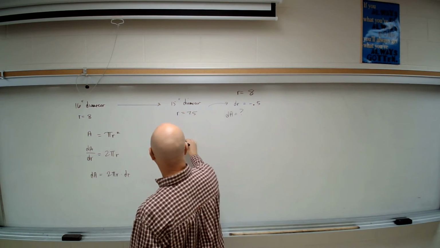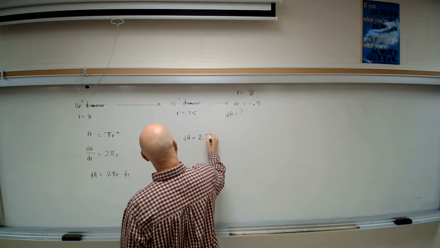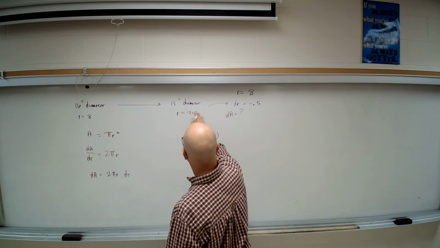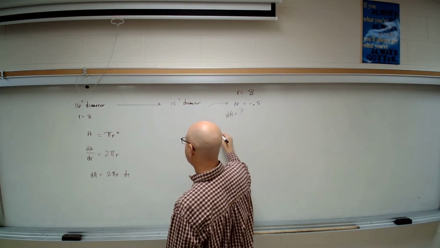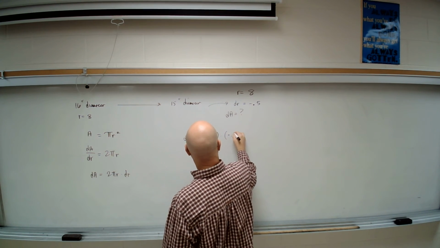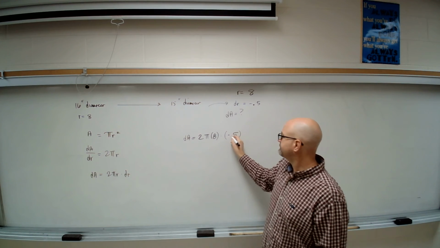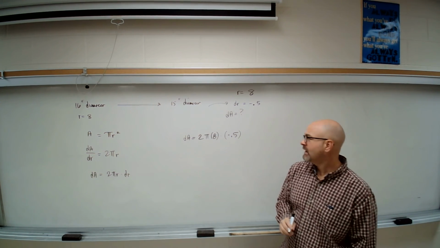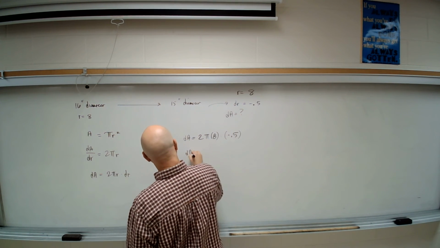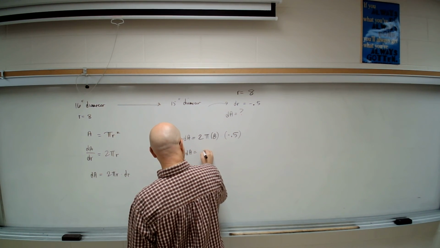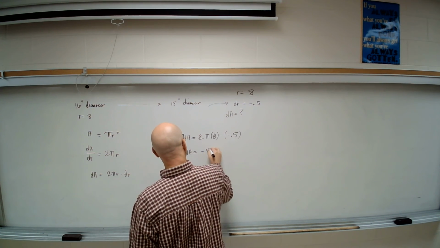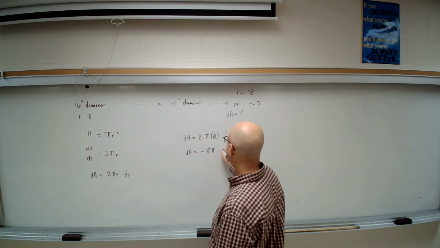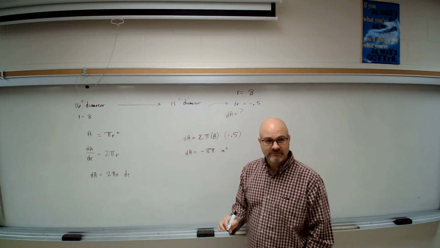So to do this, the change in area is 2 pi times 8, times negative 0.5. So let's see, this is 16, this is negative 1/2. So the change in area would be negative 8 pi square inches.